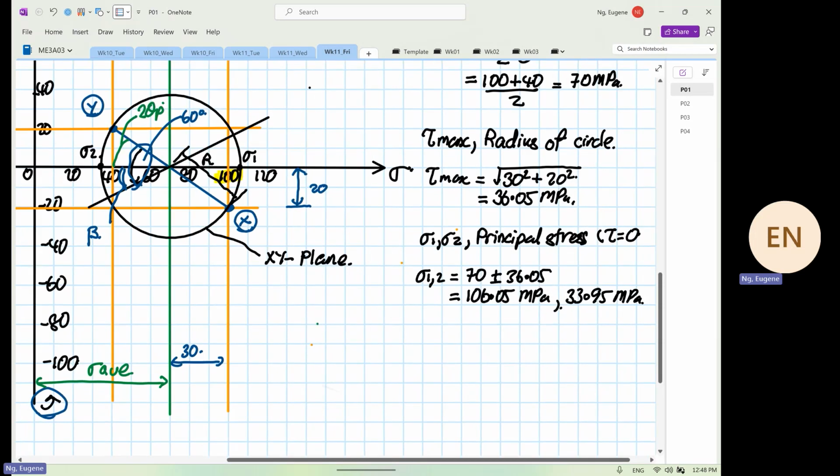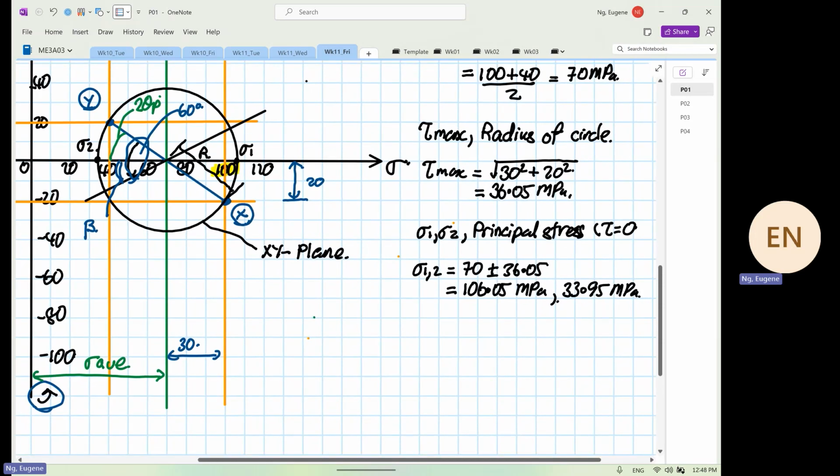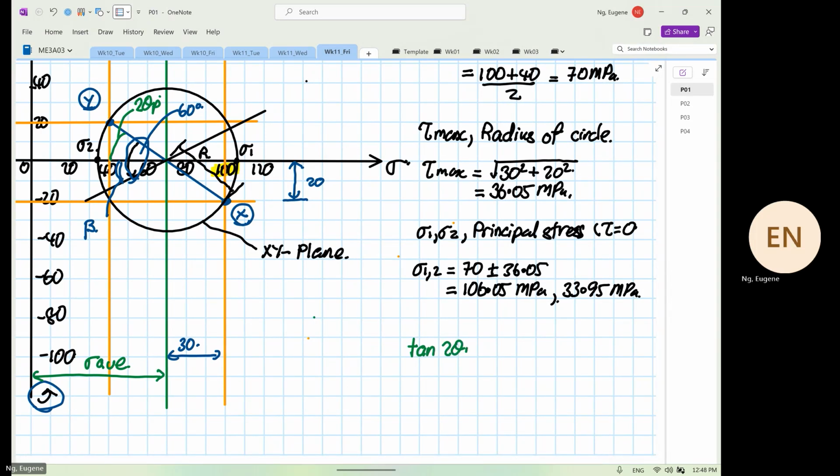So tangent 2 theta p will be equal to 20 divided by 30. 2 theta p is the inverse tangent of 20 divided by 30, which is 33.69 degrees, or 33.7 degrees.